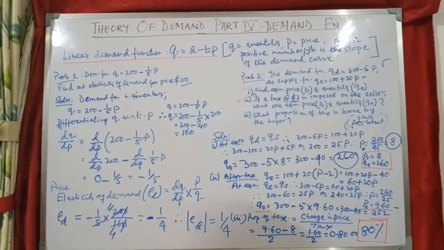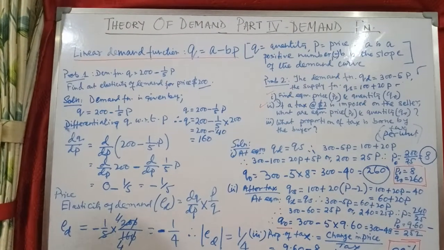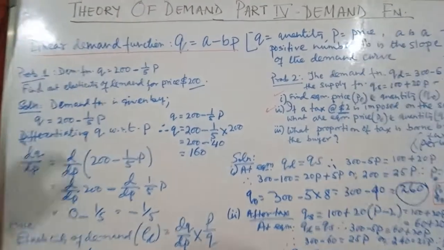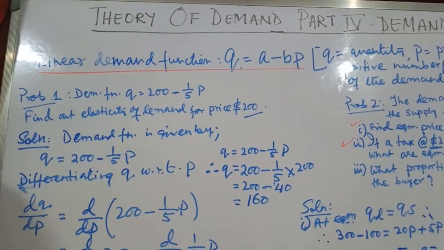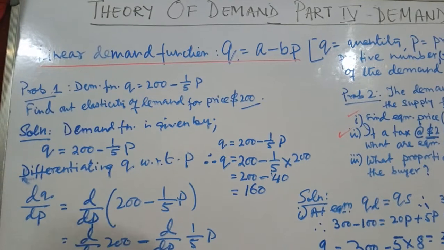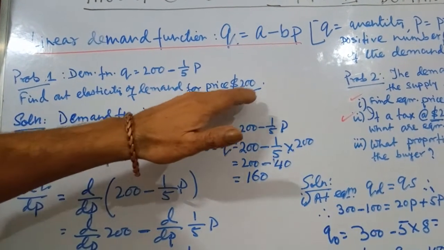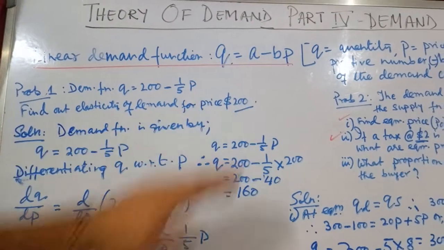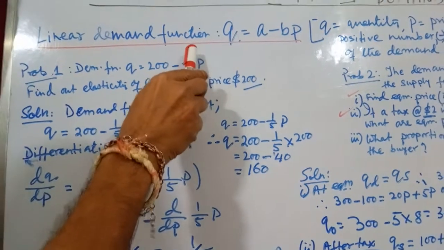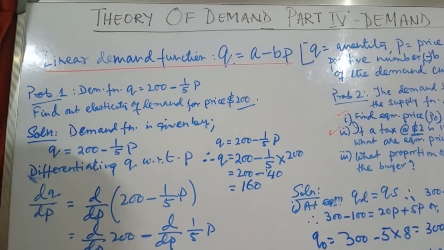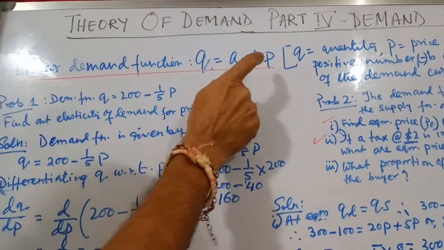So we have solved two numerical problems on demand function in this video. The first problem is to find out the elasticity of demand when the demand function is given, and we have to find out the elasticity at a given price, that is $200, and the demand function is Q equals 200 minus 1/5 P. That is, we have taken a linear demand function, that is Q equals A minus BP.